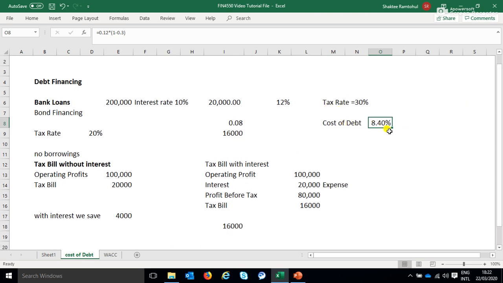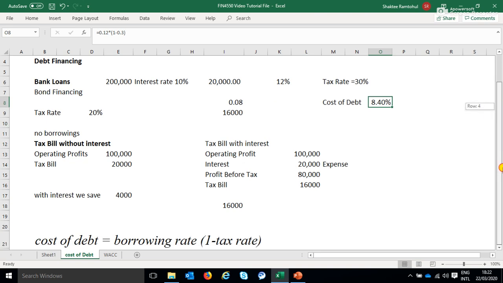And I'm going to take this example here. I took an example where the normal interest rate was 12%, and we had to calculate the true cost of debt. And you remember, because of the tax shield, the true cost of debt is 12%, 0.12 multiplied by 1 minus 0.3, which is the tax rate we used, and the actual cost of debt is 8.4%.